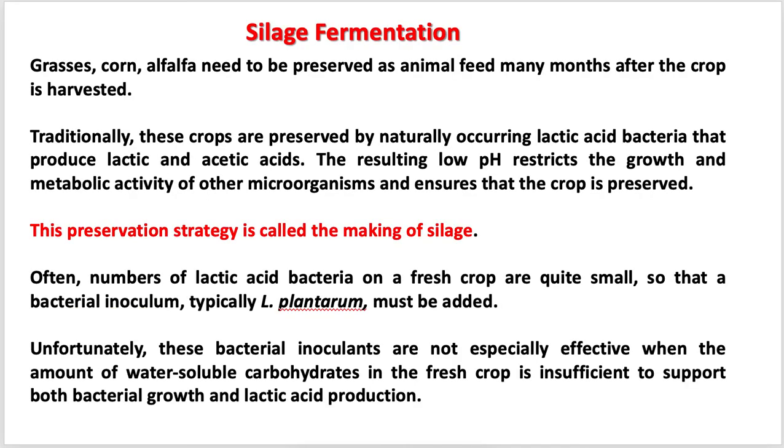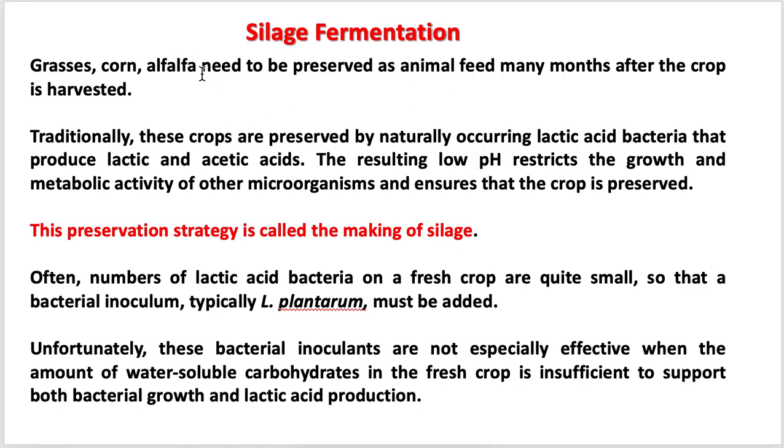Now let's try to learn about the use of recombinant microbes in silage fermentation. So what is silage fermentation? Many crops such as grasses, corn, alfalfa are used as animal feed. So they need to be preserved after the crop is harvested.